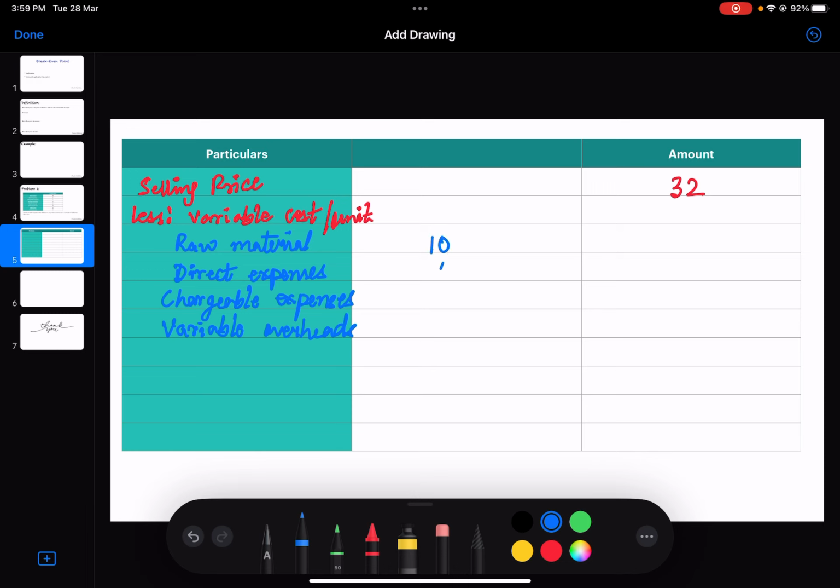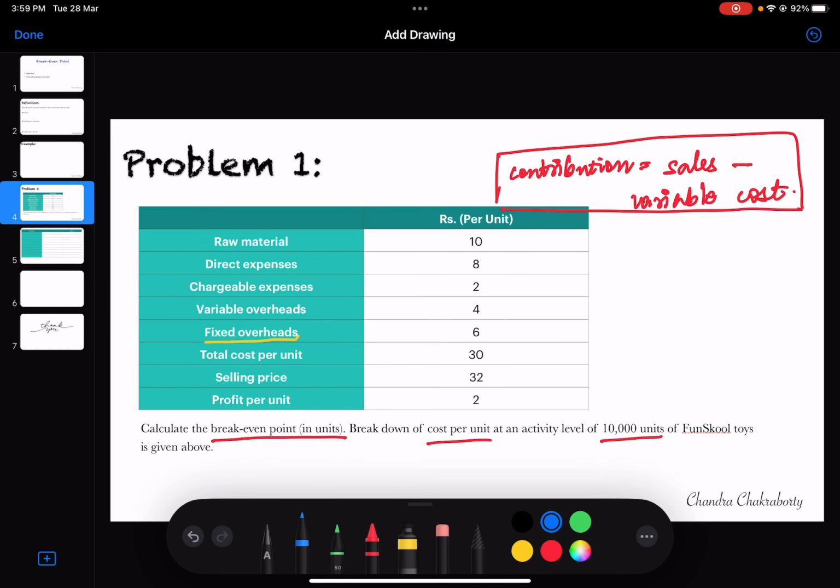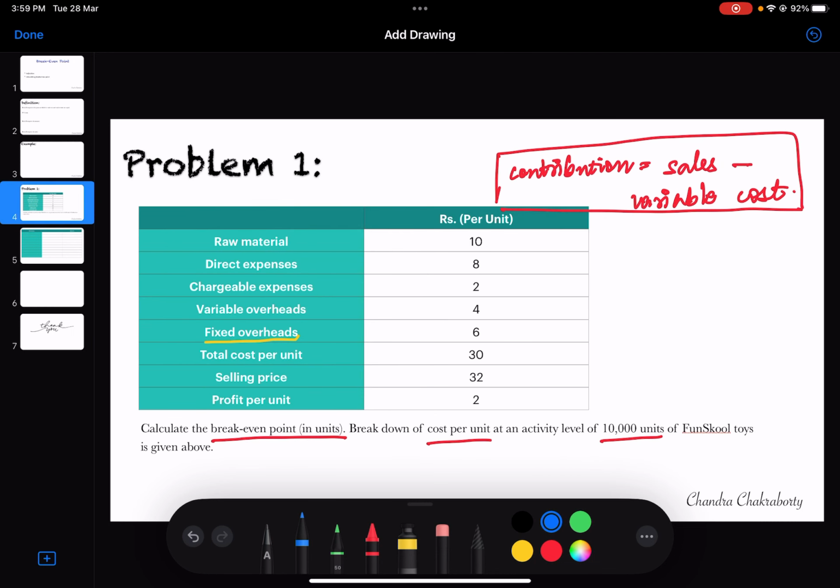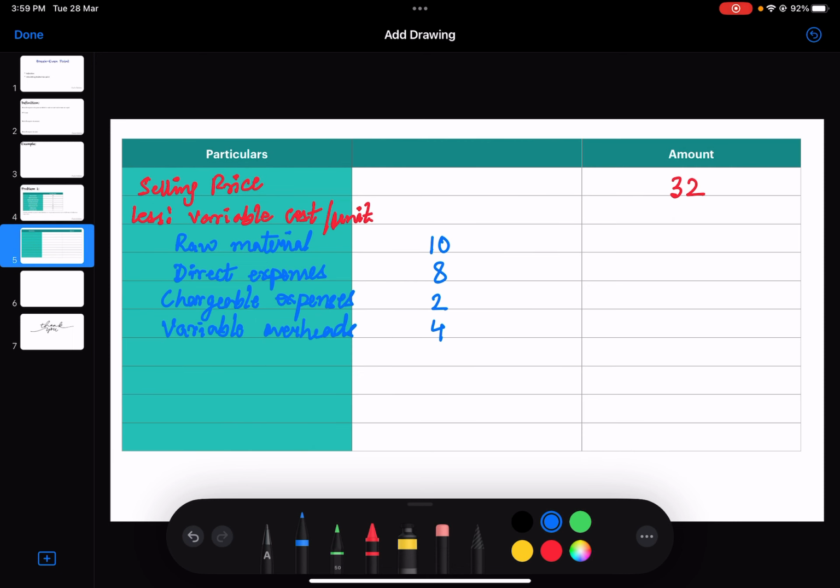That's 10, 8, 2 and 4, right? Raw material 10, direct expenses 8, and then chargeable expenses is 2 and variable overhead is 4. So this will give you 24, right? Now you have to deduct 24 from 32, isn't it?